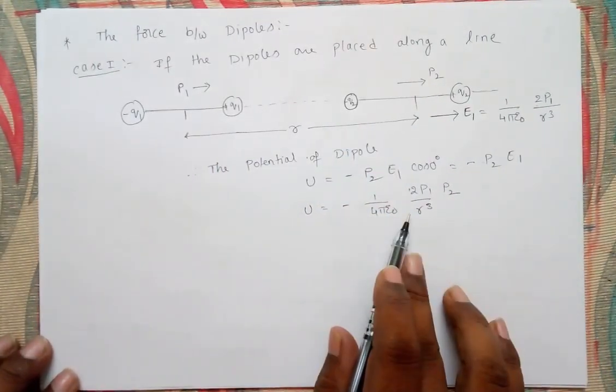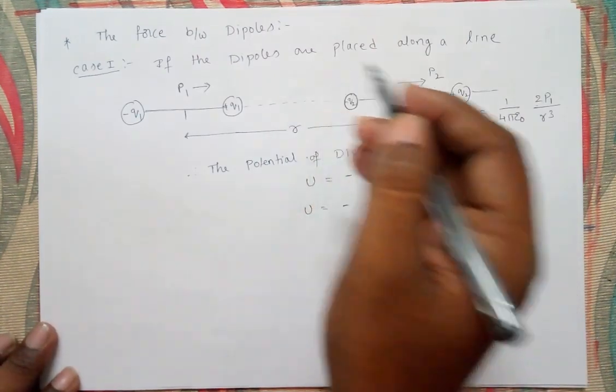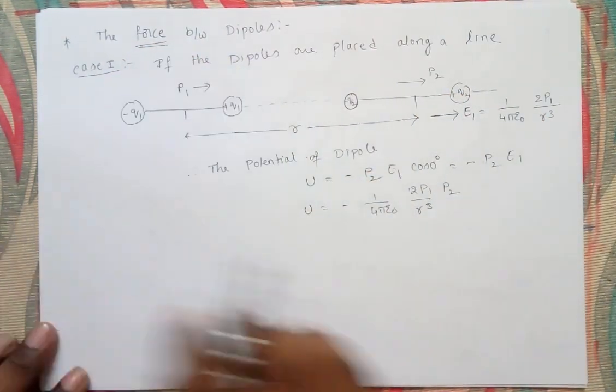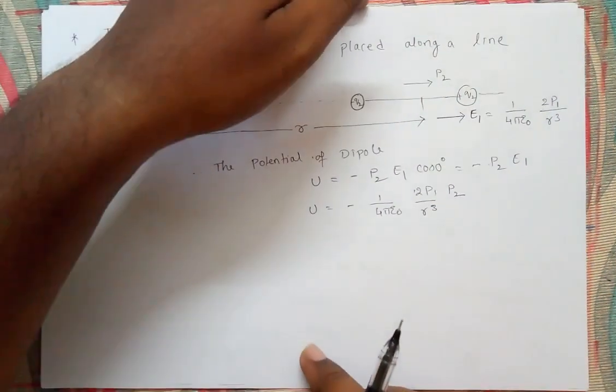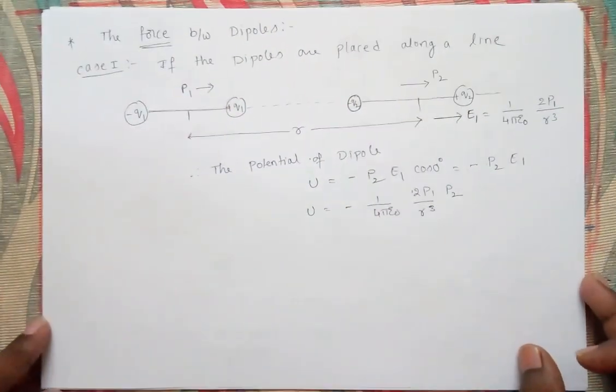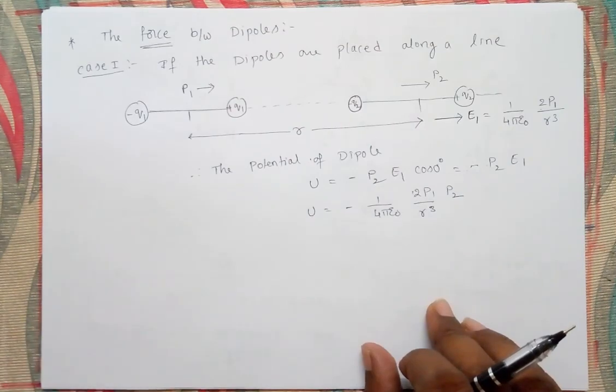So potential energy is there, but our intention is to determine the force between the dipoles. How can we determine it? We can determine it by taking the gradient of this potential energy, because electrostatic force is a conservative force.